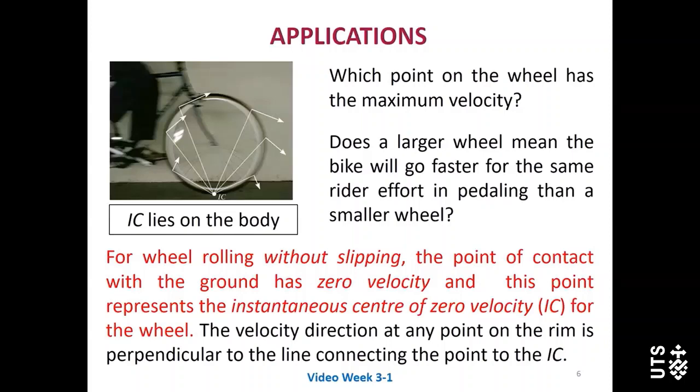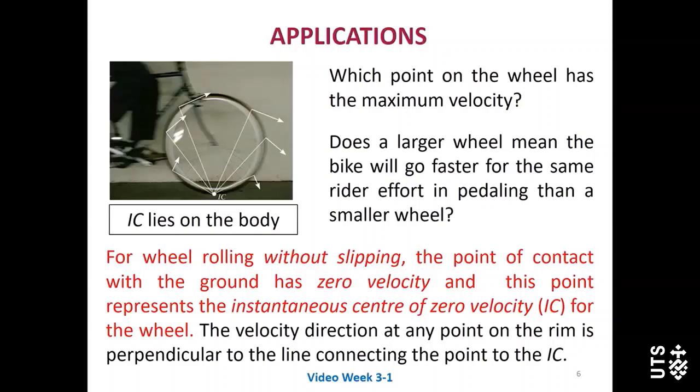So the contact point between this wheel and the ground, this contact point on the rigid body, for example this wheel, this point must be the IC point.